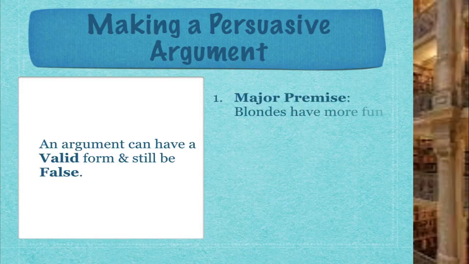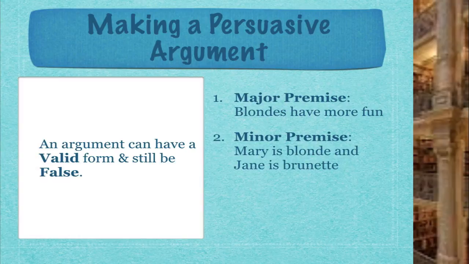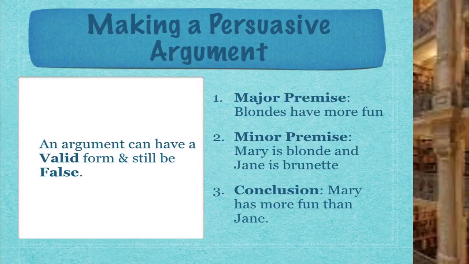So here in our example, there's a major premise. Blondes have more fun. Then the minor premise, Mary is blonde and Jane is brunette. So the conclusion, Mary has more fun than Jane. So in structure, in form, this is a valid argument. But if we look at the details of each of those components, we see that in reality, the major premise is questionable.